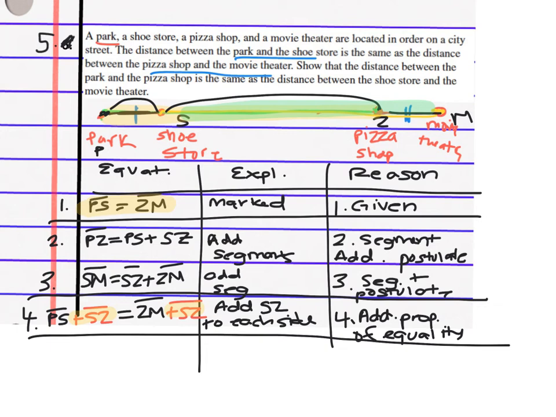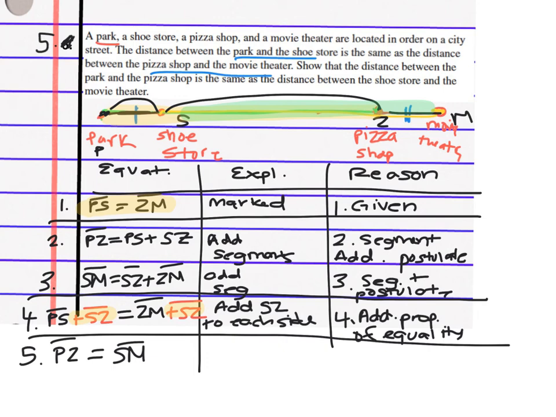All right, then I'm just going to do some substitution. So since SM equals SZ plus ZM, I can then say PZ equals SM. So I substituted PZ for PS plus SZ. Let me highlight this so I show you what I did. I'll make it green.